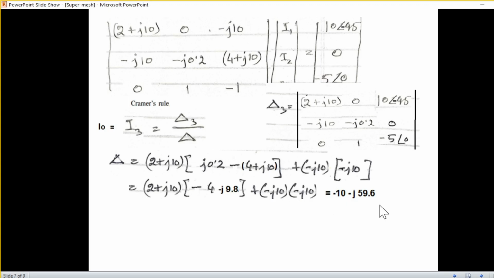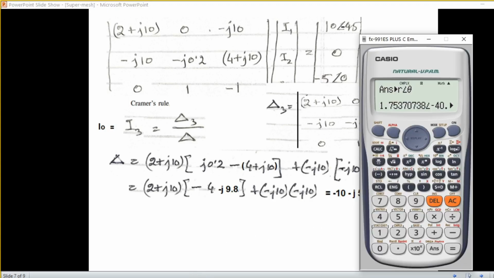you get this answer. Now I'll tell you a technique for doing this easily. I have many videos on it again. So let me show you. Use your calculator, go to the complex mode, mode 2, and then enter all these values.